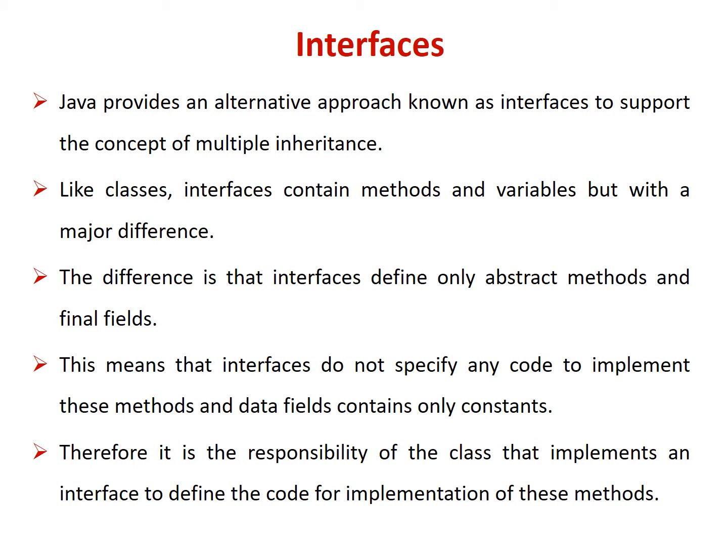This means that interfaces do not specify any code to implement these methods and data fields contain only constants. Therefore, it is the responsibility of the class that implements an interface to define the code for implementation of these methods.